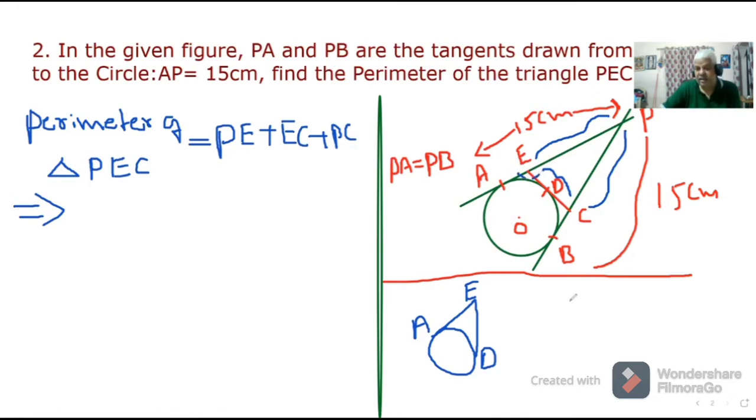They are equal in measurement. And in the same way, next you consider the same circle, and from D to C and C to B, the tangents are there. This is DC and CB. DC and CB, these two are also equal. So the tangents drawn from the external point of the circle are equal.